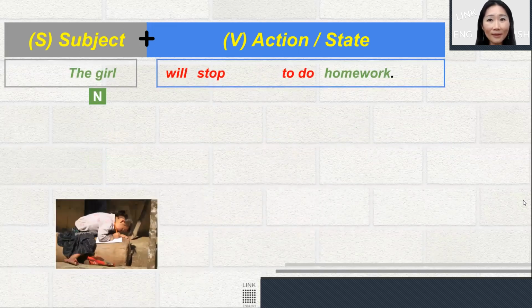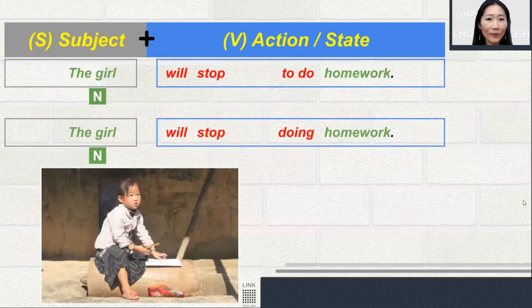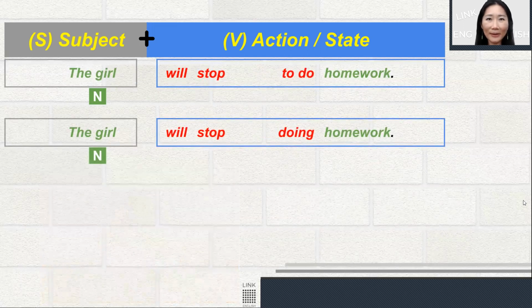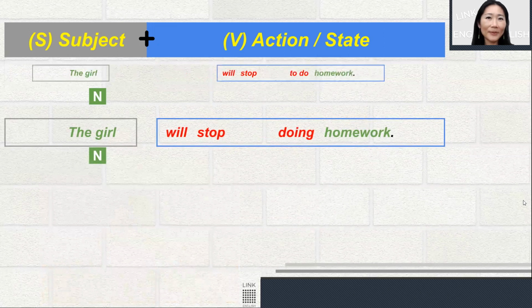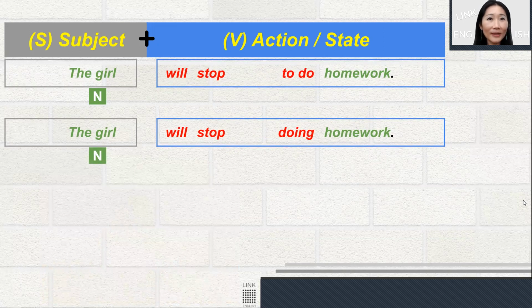The girl will stop to do homework. The girl will stop doing homework. Do you remember the first picture? The girl will do homework. And the second picture, the girl will not do homework. Why?